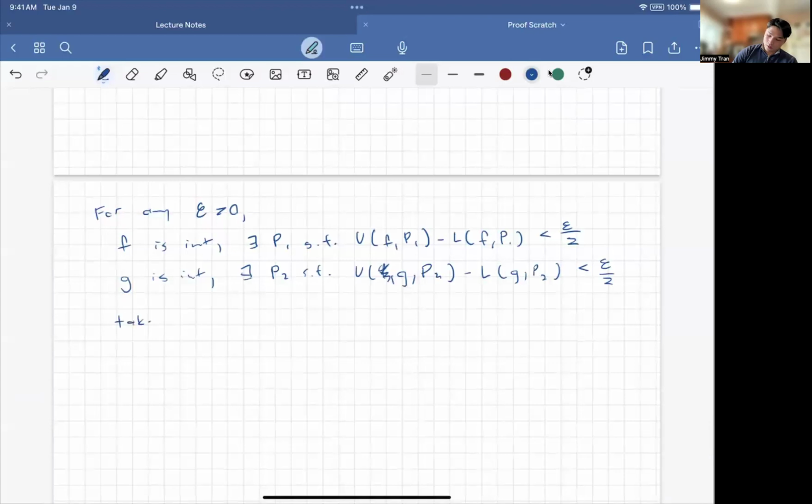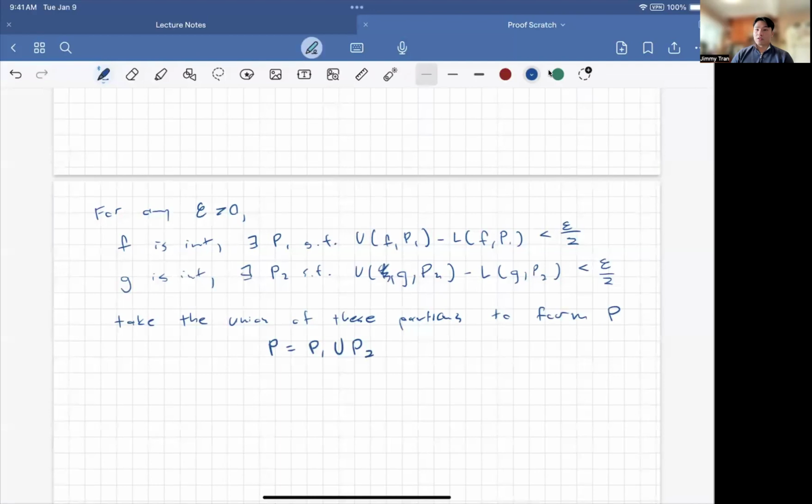So we can take the union of these partitions to form P. This can be represented as P is equal to P1 union P2. And what this means for the purposes of our proof is that we are unioning the breakpoints of P1 and the breakpoints of P2, so that we end up with a finite partition represented by the partition P here.